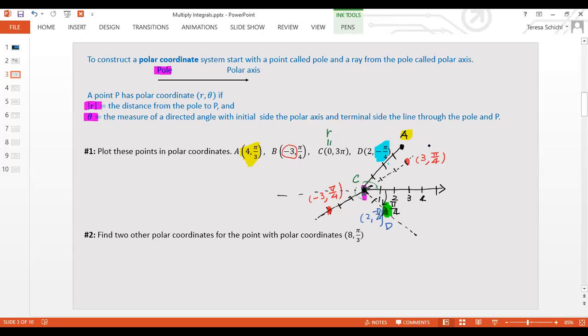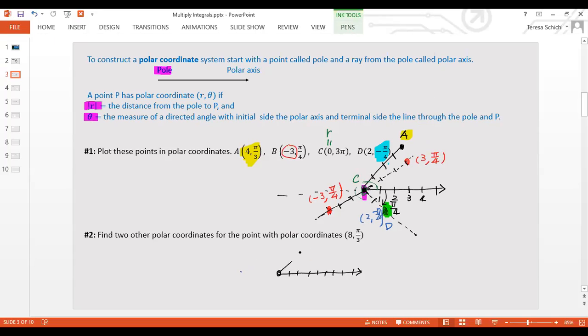Okay. So now the next one's here. They say find two other polar coordinates for the point. It's polar coordinates 8 and pi over 3. What does that mean here? So with the polar coordinates, I have a pole here. So it's 1, 2, 3, 4, 5, 6, 7, 8.